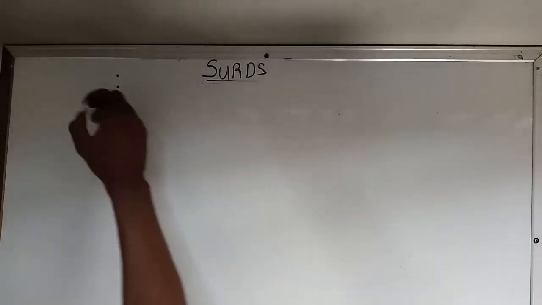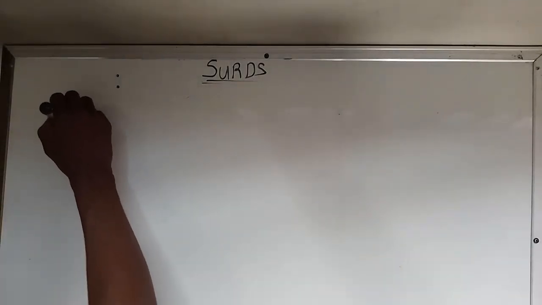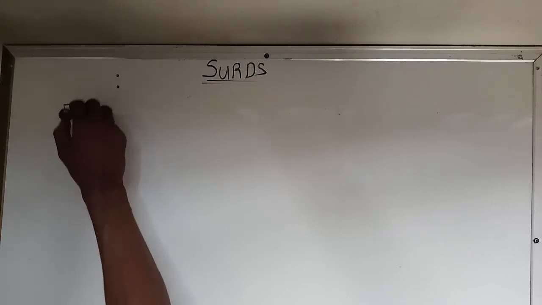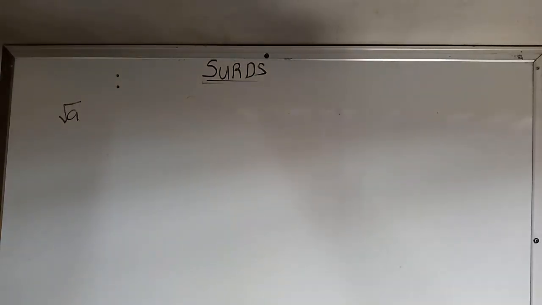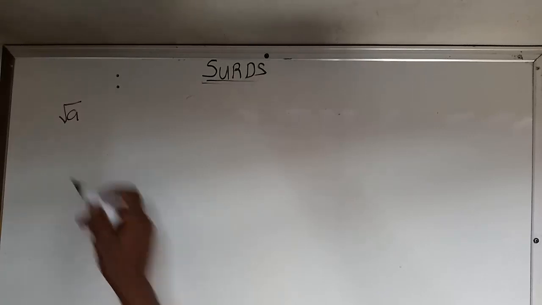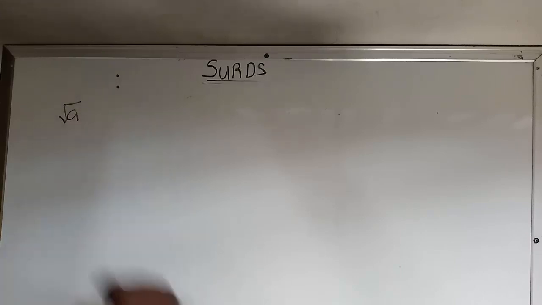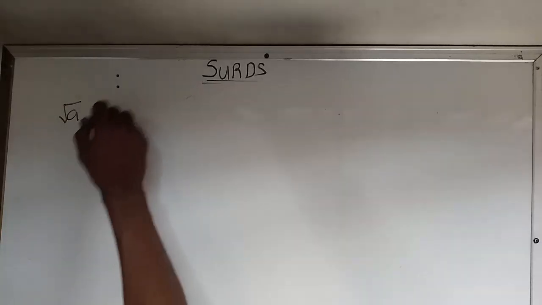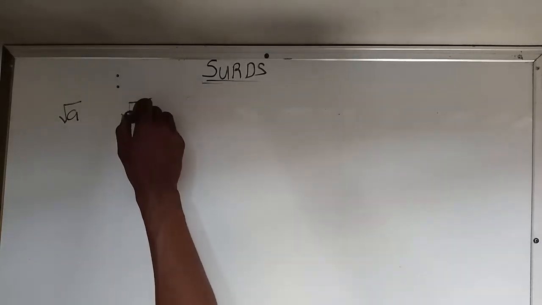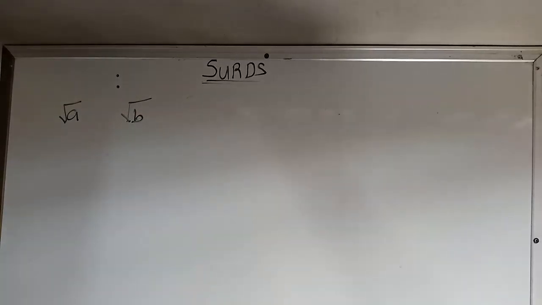So if you have square root of a such that we cannot find an exact value for it, then we say it is a set. If we have square root of b such that we cannot find an exact value for it, then we say it is a set.